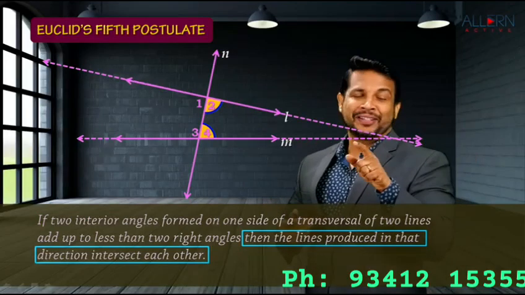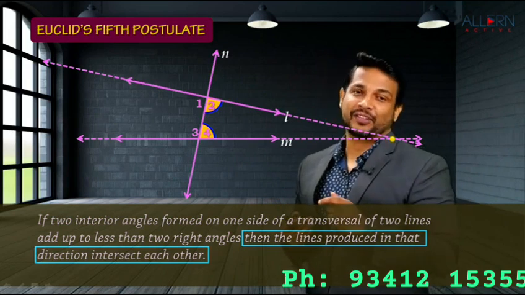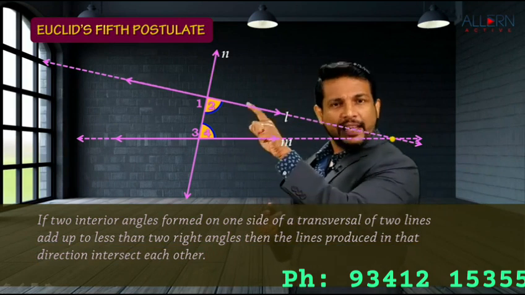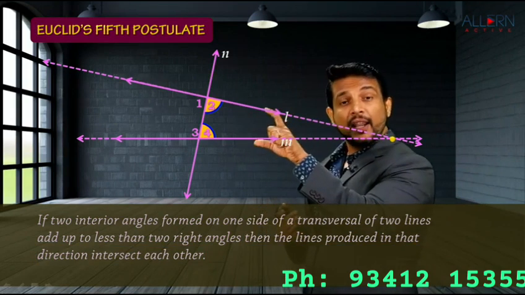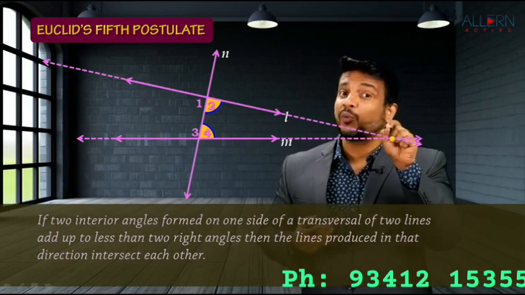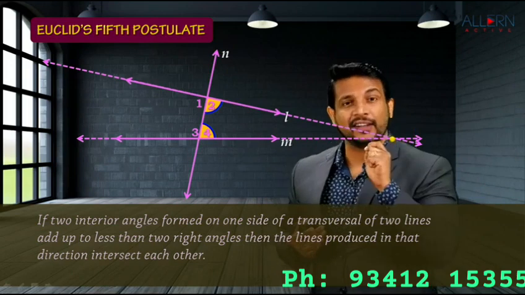From the same concept, the concept of parallel lines came into existence. Now that is very important. You know how? If the interior angles, the sum is less than 180, then when we extend the line in that direction, we know that they intersect.